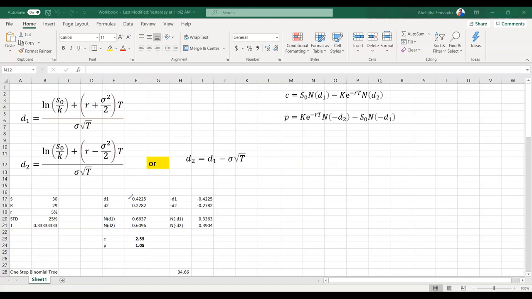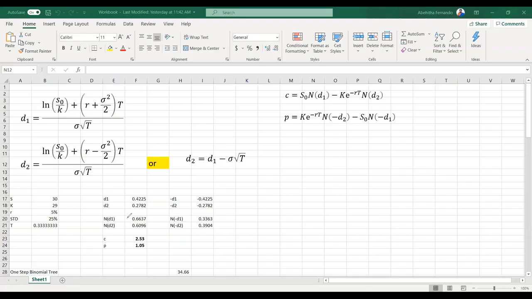Here I've taken the probabilities of D1 and D2 using the Excel function. But most likely at the exam, you will be given the probabilities if you're required to calculate this based on Black-Scholes. You will be given the probability values of D1 and D2, right?